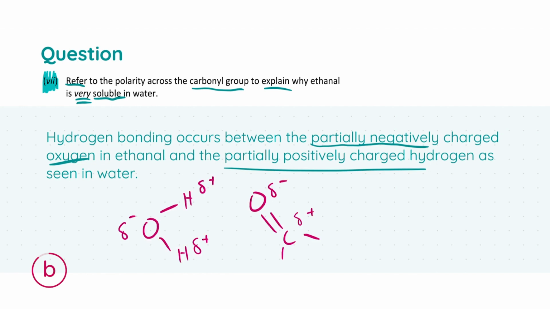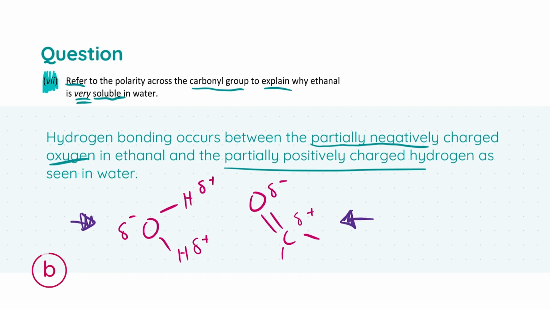So just drawing out our two molecules here, on the left-hand side is going to be our water molecule, and over here on the right-hand side we're going to have the carbonyl group in the ethanol. And what we're going to see here is that the oxygen and the hydrogens in the water are going to have a partial negative, partial positive kind of existence, where the oxygen is going to carry that partial negative and the hydrogen is going to carry that partial positive.